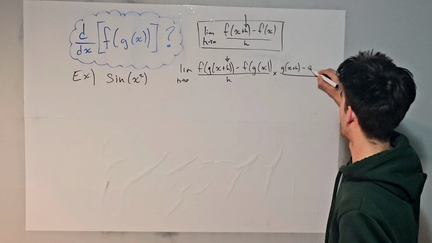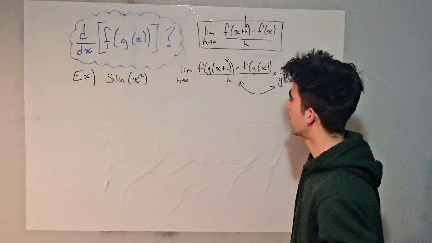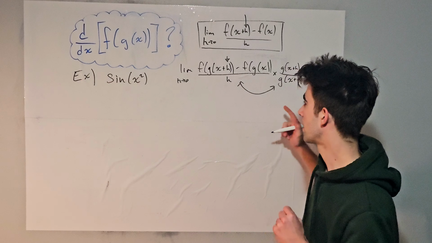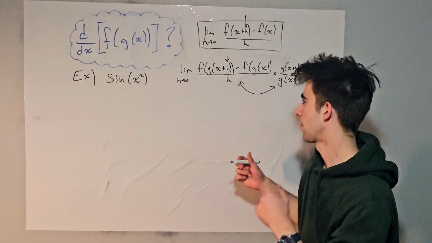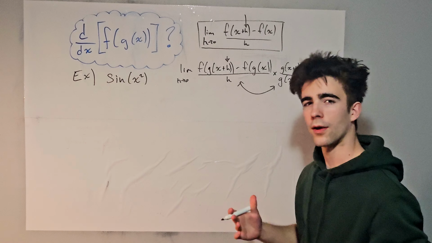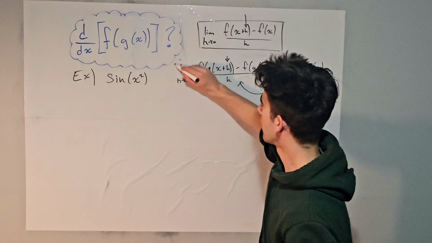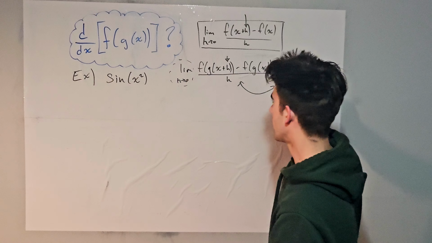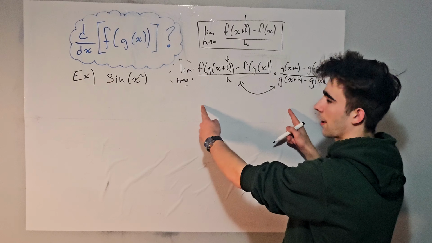So the next part is we're going to swap these two denominators. We can do that because we're just multiplying here. The fact that they're in fractions doesn't matter, but the order of multiplication, we can swap it around and it doesn't change it. That's one thing I'm going to do. The other is, instead of just taking the limit of the whole thing, I'll take the limit of the two fractions separately.